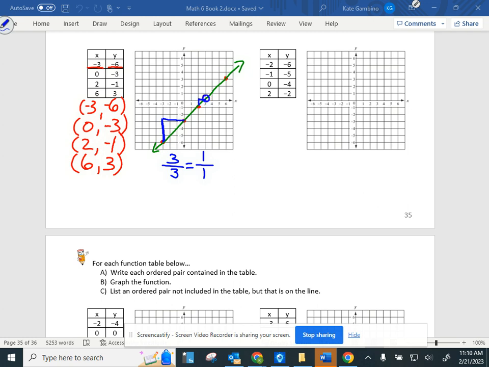That point is not already listed in my ordered pairs, so I'm going to write it. So what is my new ordered pair? I'm going over 1, 2, 3, and nope, 3, 0. Because I went over 3 for my X, and I stayed on the line, so it's 0.